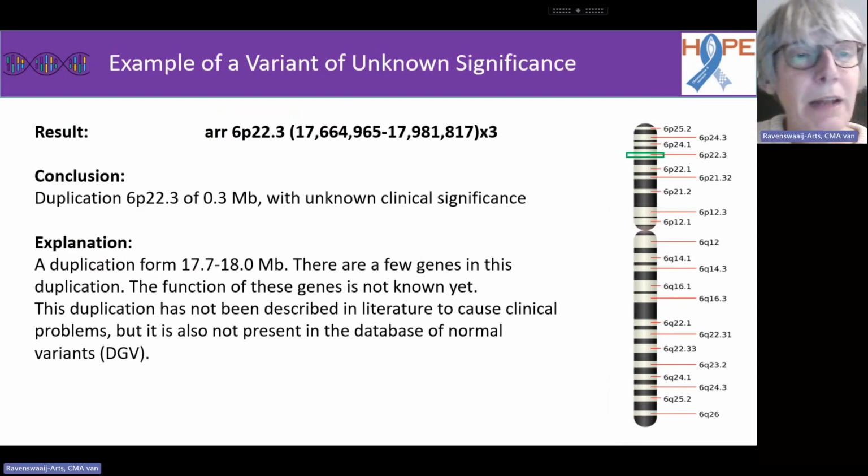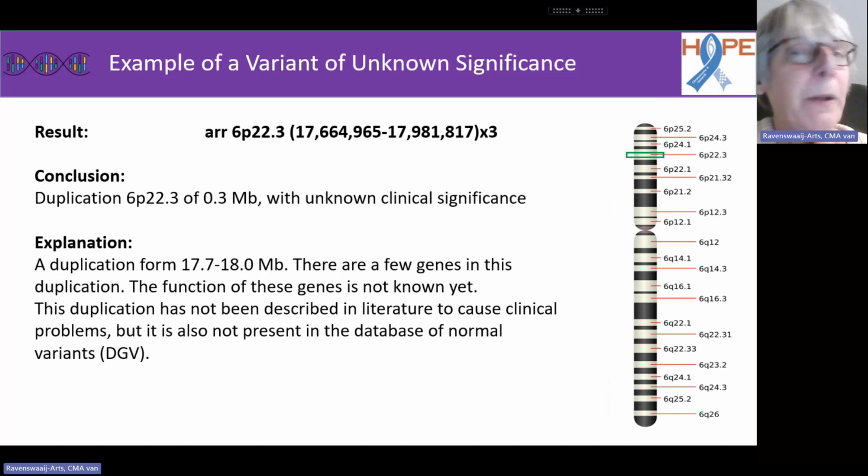Okay. Now, this is an example of a variant of unknown significance. As I explained before, we do not always know what the effect of a CNV is. This is an example of such a variant of unknown significance. It is a duplication in the short arm of chromosome 6, a very tiny one, only 0.3 megabases.